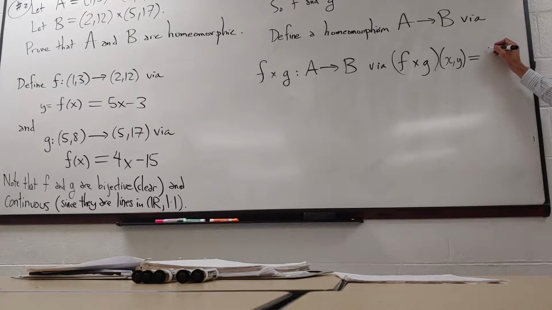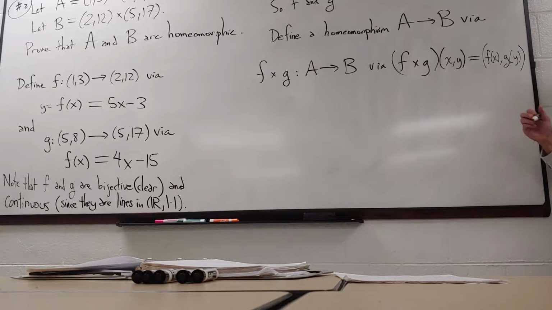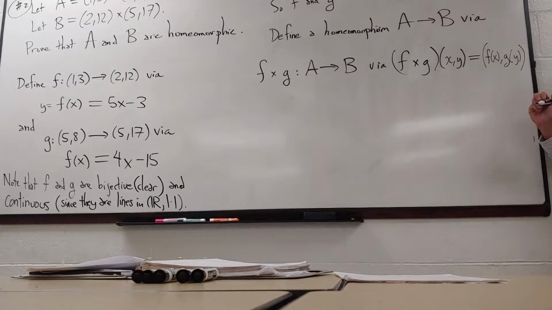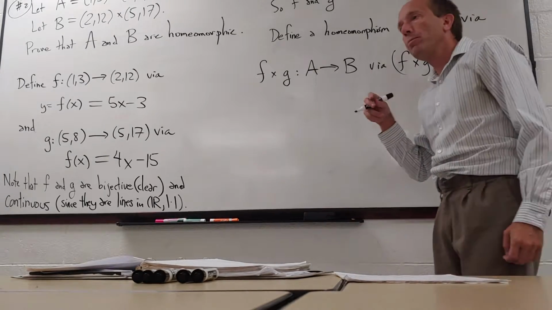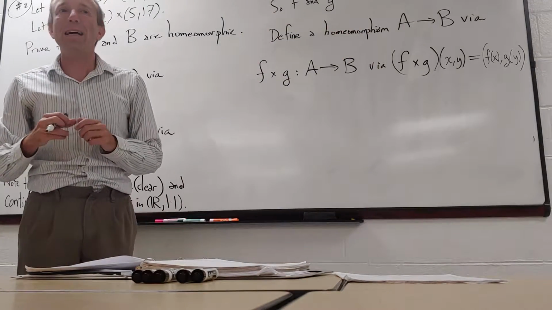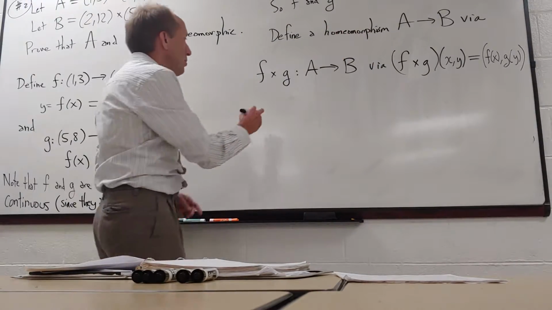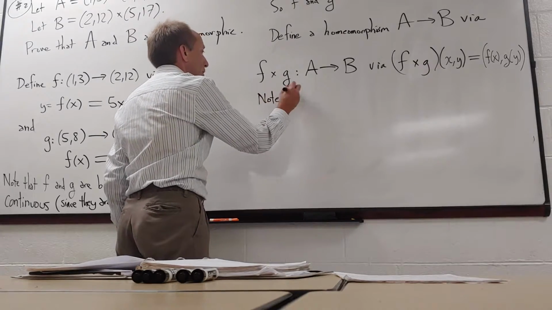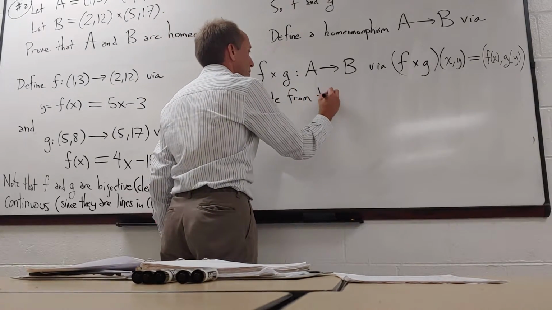And then my output is just going to be the ordered pair F of X, comma, G of Y, right? And that's exactly how on the take-home test the F cross G function is defined on that one problem. And what you proved on that problem, I believe, was that this is continuous, right? So this is continuous, so note from the take-home.